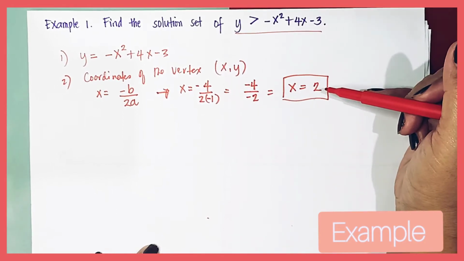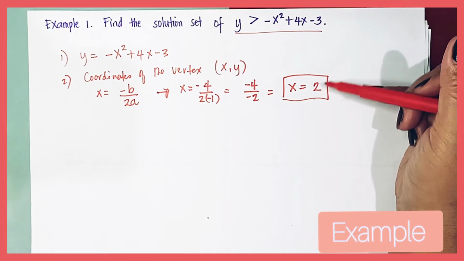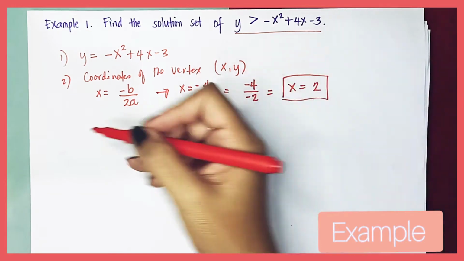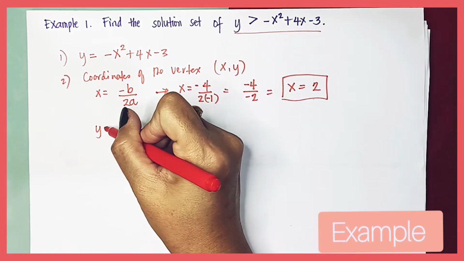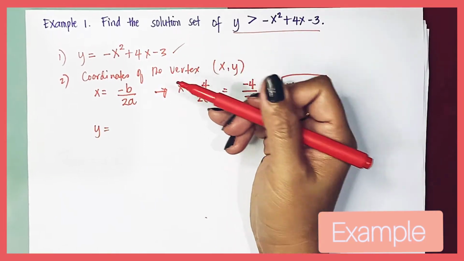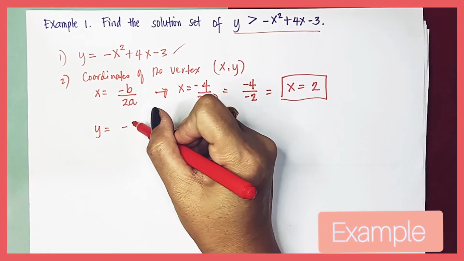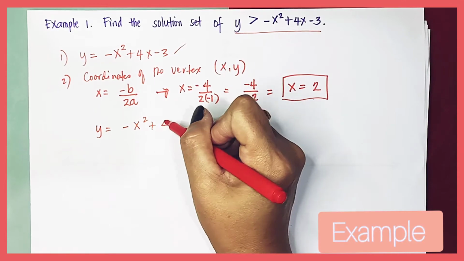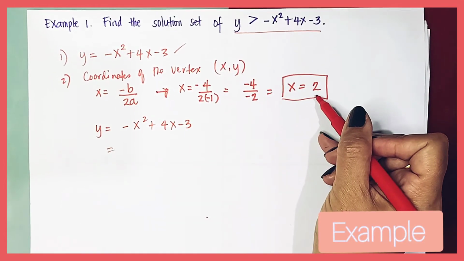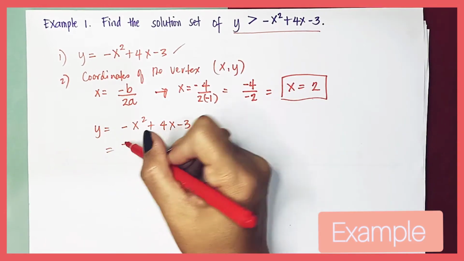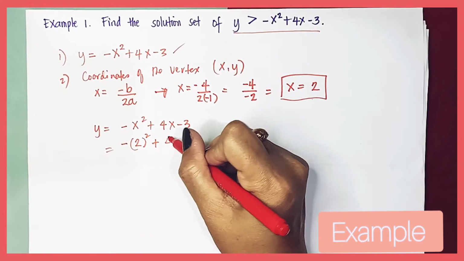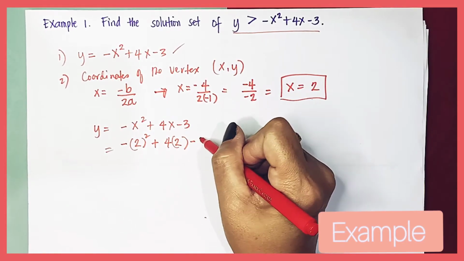But since it is a coordinate, we should have the value of x and the y. To find y, we simply substitute the value of x to our given equation, negative x squared plus 4x minus 3. Substituting the value of x, which is 2, that is negative 2 to the second power plus 4 times 2 minus 3.